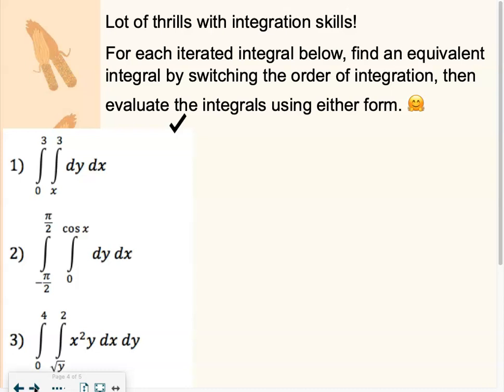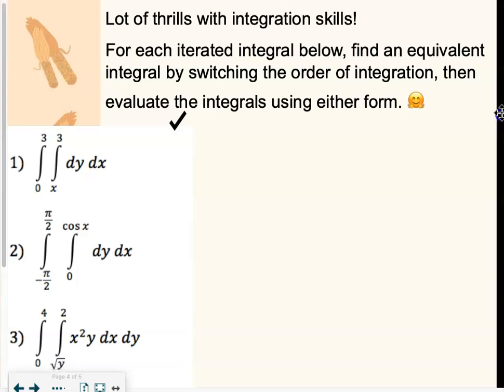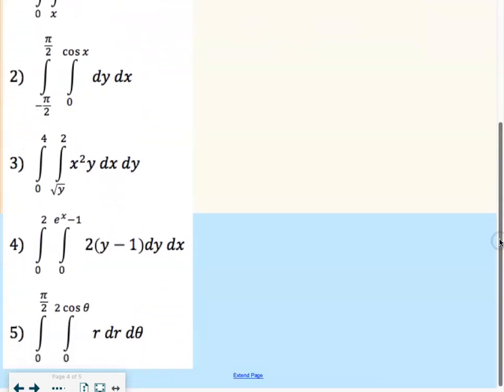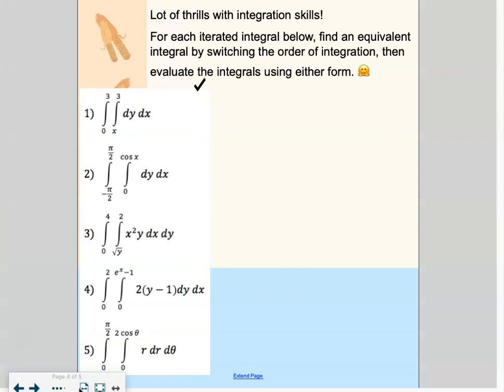For each iterated integral below, I want you to switch the order of integration and then evaluate. You can evaluate with either one. I don't care which one, whichever one's easier is fine. But I want you to switch the order and evaluate for all 5. Do you really want this up? Don't you want to work a little bit on paper?